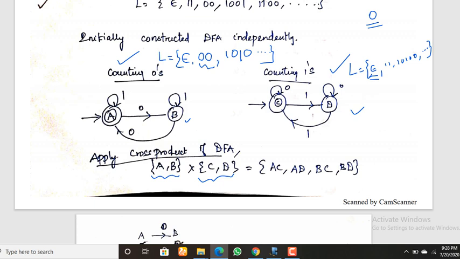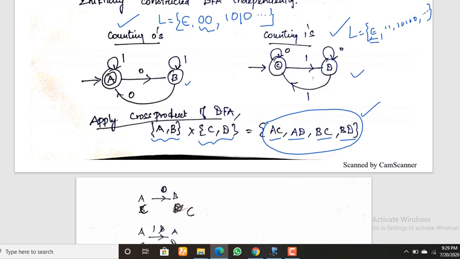Cross product means A with C, AC; A with D, AD; B with C, BC; B with D, BD. These are the new states derived from the existing two automata. You are going to draw the DFA based on these states.